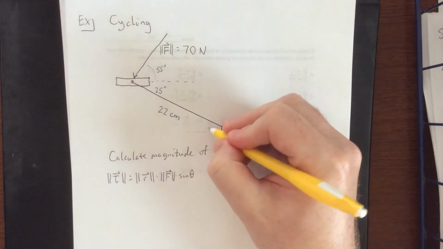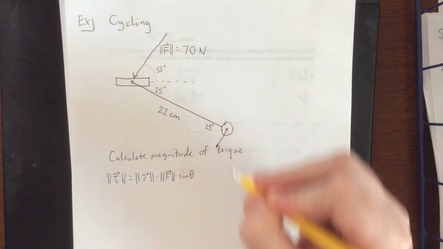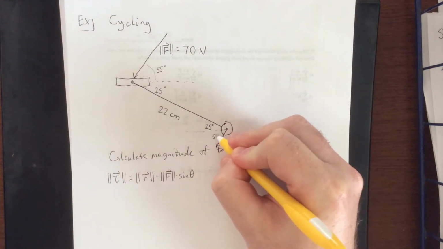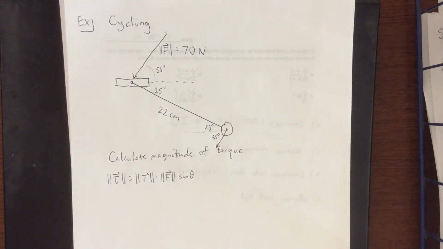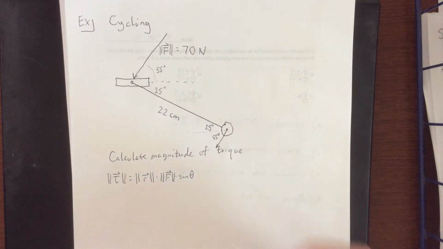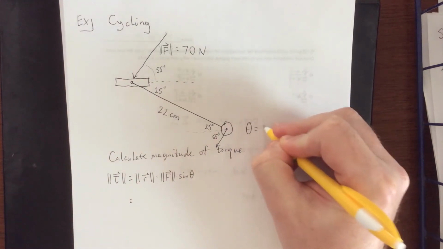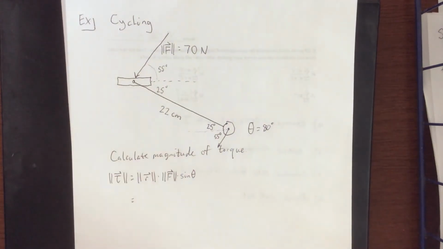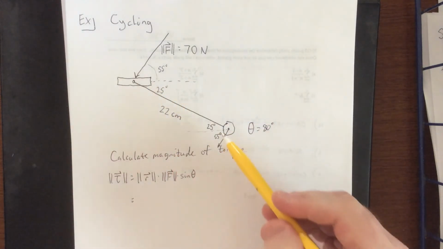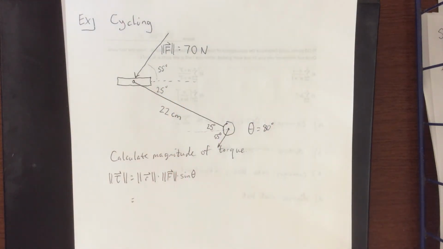Alternating interior angles should have the same magnitude, and then I believe this is going to be a 55 degree angle as well. So if we add up those two angles together, we're going to wind up with an 80 degree angle. So with that in mind, theta is 80 degrees. Oh yeah, if we take the terminal point and the initial point, we should see the same angles.